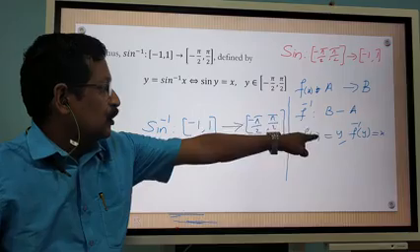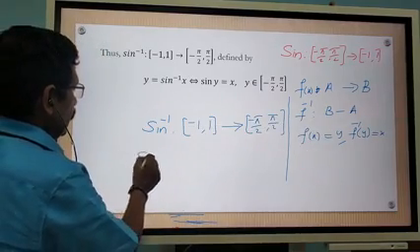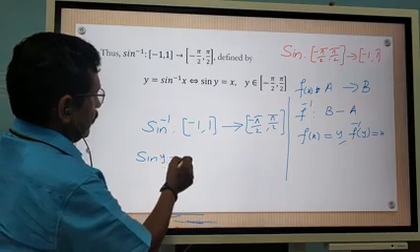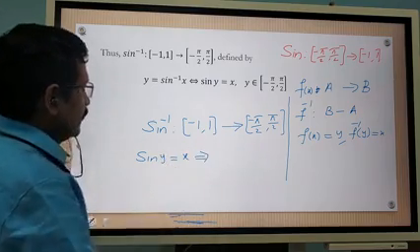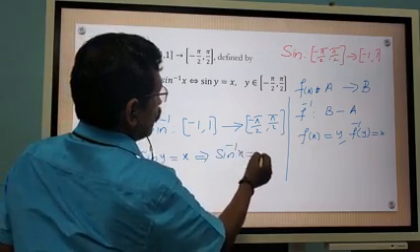Now, f of x is equal to y implies f inverse of y is equal to x. So sine y is equal to x implies sine inverse x is equal to y.